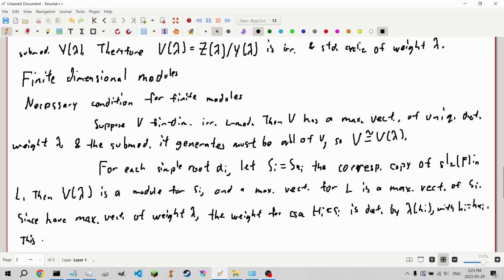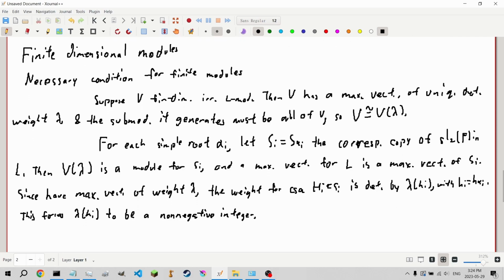This forces lambda of Hi to be a non-negative integer.